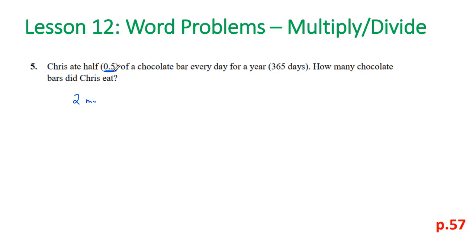So we have 2 methods, and these methods are really important to know. That multiplying by 0.5 is equal to division by a half, or division by 2. So you can choose your method here. We can take 365 times 0.5, and that will result in 182.5.